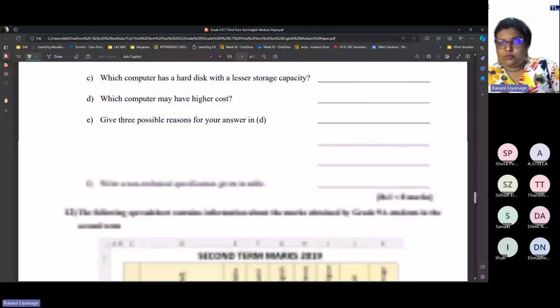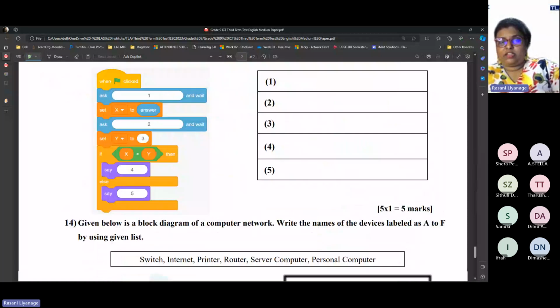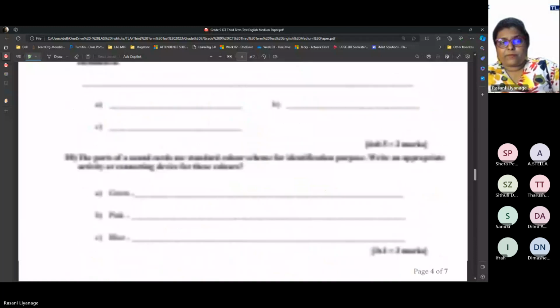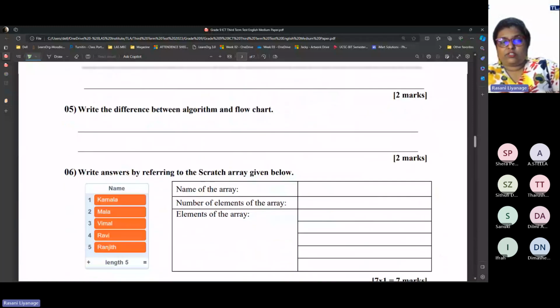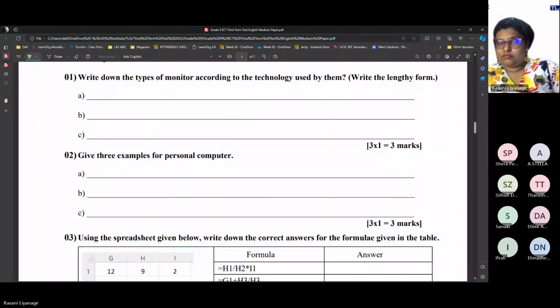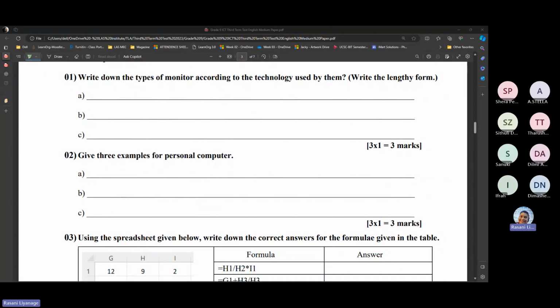Shall we write answers to question number 1, 2, and 3? Take 5 minutes and write.